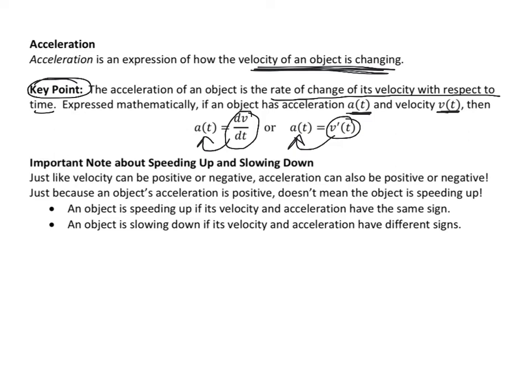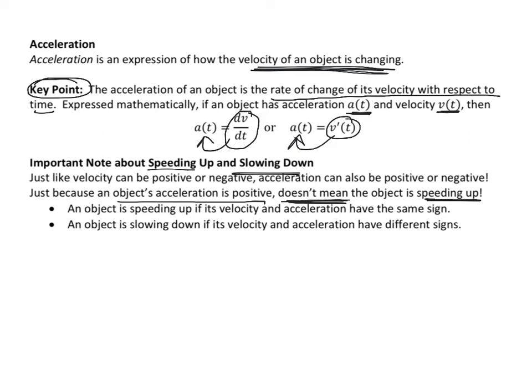Now, a really important point about speeding up and slowing down. Sometimes when we hear the word acceleration, it feels like speeding up. And I want to point out that just like velocity can be positive or negative, acceleration can also be positive or negative. But, and this is really important, just because an object's acceleration is positive does not mean that the object is speeding up.